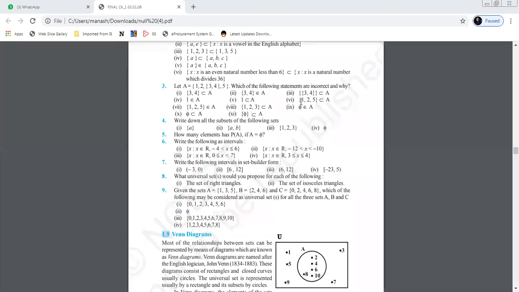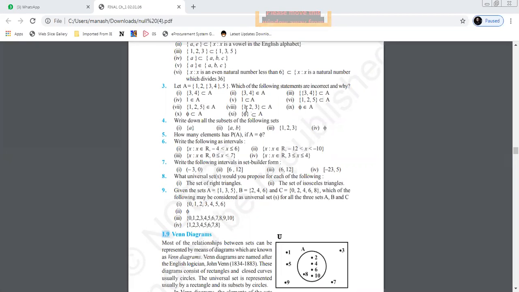This one is correct. 6: {1,2,5} is a subset of A. If those curly brackets were not given, and only 1, 2, 5 belongs to A, then it is correct. If only 1, 2, 5 is given and the curly brackets are not given, then it is correct, it belongs to A. Clear?